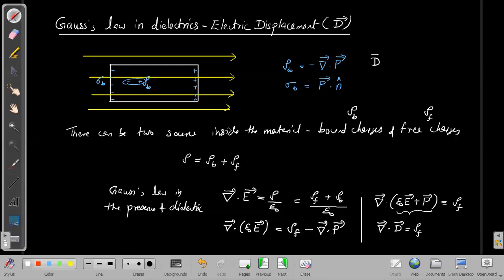Vector D equals epsilon 0 E plus P. This equation is basically called Gauss's law in the presence of a dielectric.